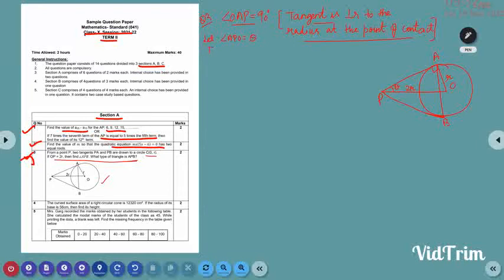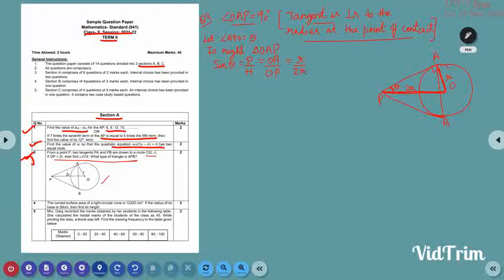So if we find out the value of sine theta, we know that sine theta is perpendicular by hypotenuse. And in this triangle, perpendicular is OA and hypotenuse is OP. So sine theta can be written as P by H, which will be equal to OA by OP.